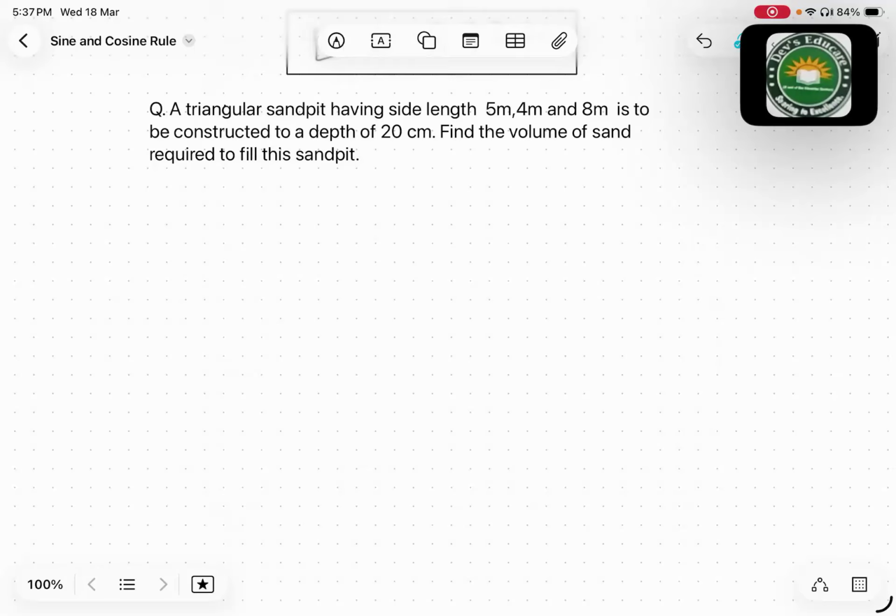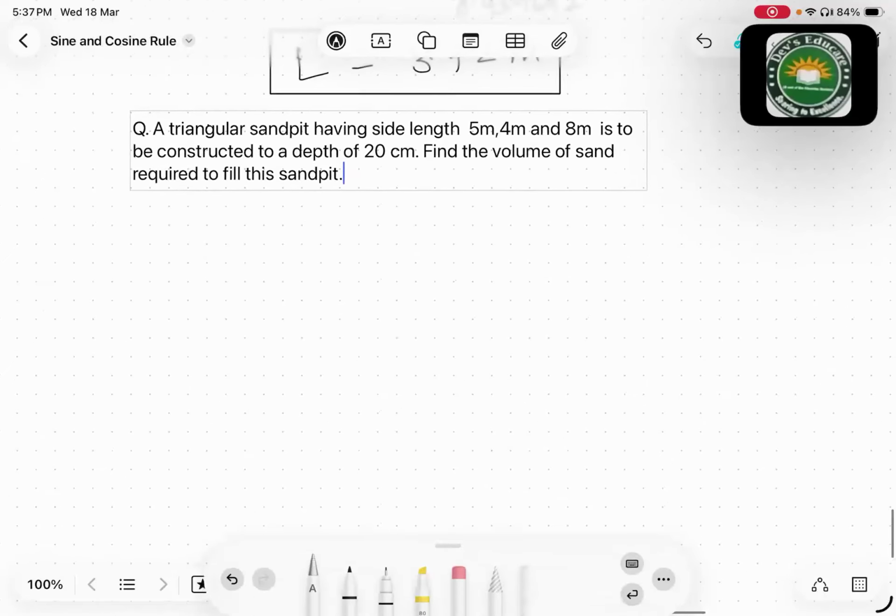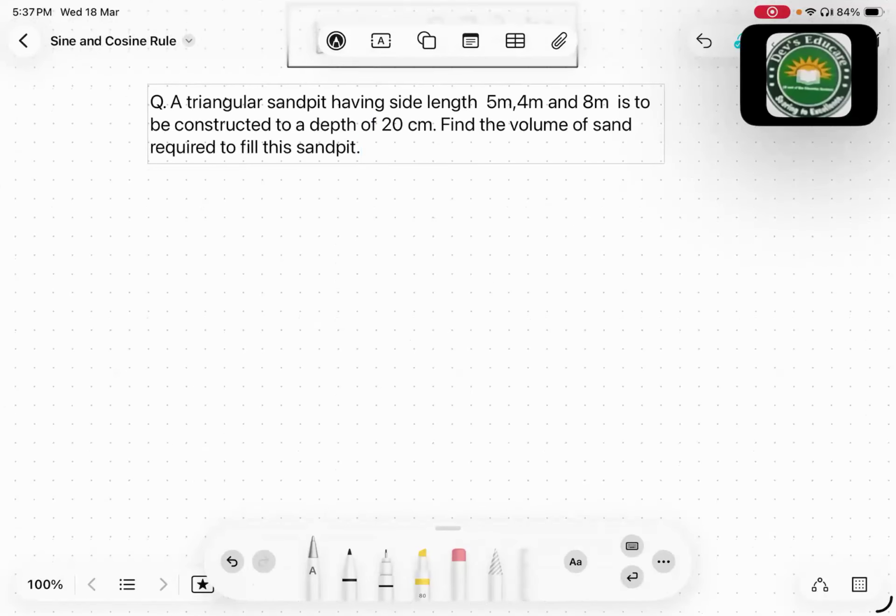So we can construct a triangle because a triangular sandpit is being constructed.